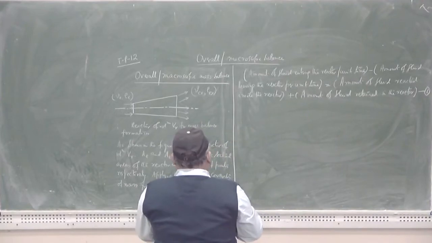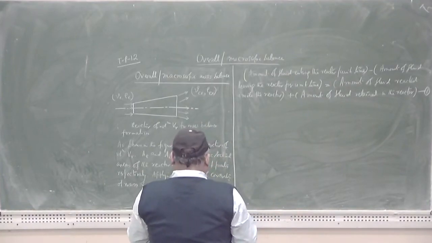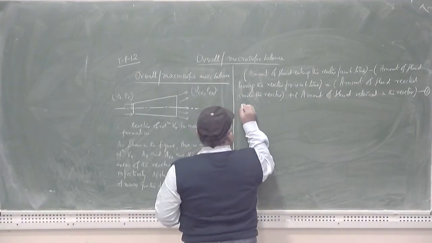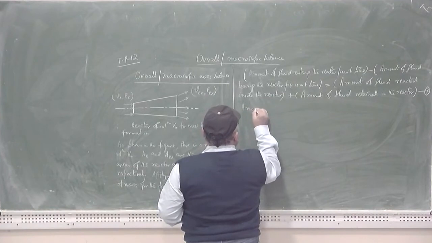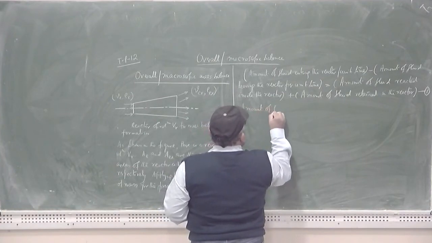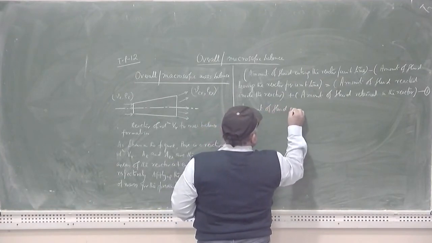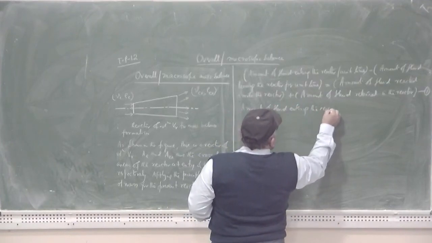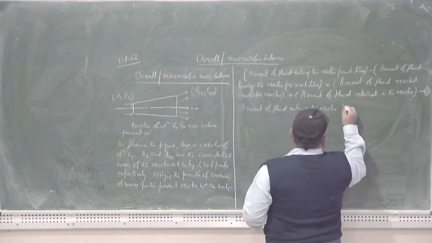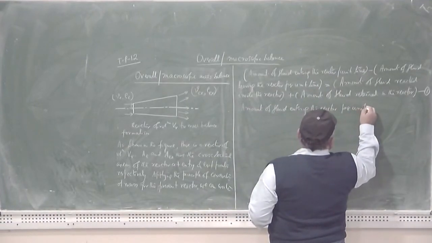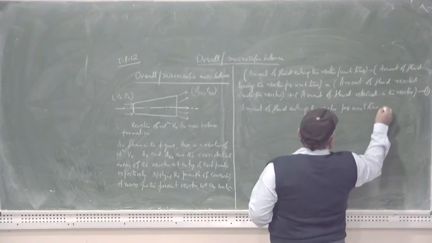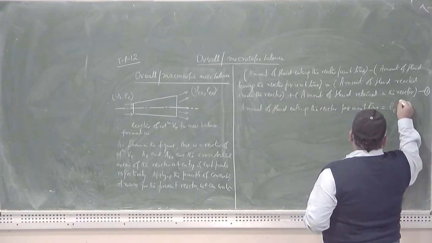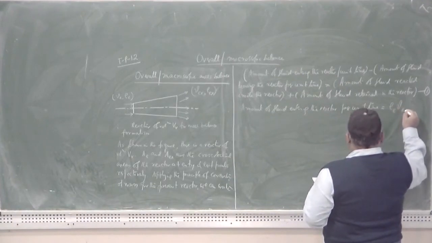So, the amount of fluid entering the reactor per unit time should be equal to rho E into V E into A E.